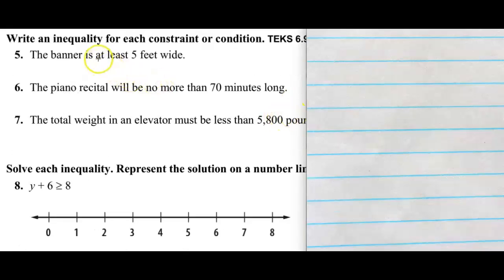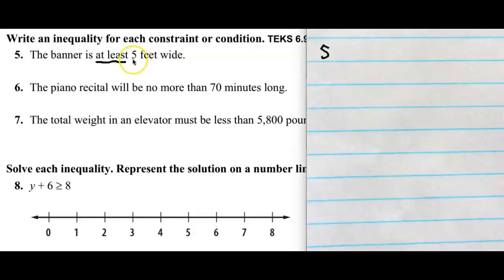Okay, for the next section, it says to write an inequality for each constraint or condition. So we're going to do number 5 together. It says the banner is at least 5 feet wide. Now, it's really important to go back and maybe underline or circle important information. The phrase at least, does that mean that it could be 5 feet wide?